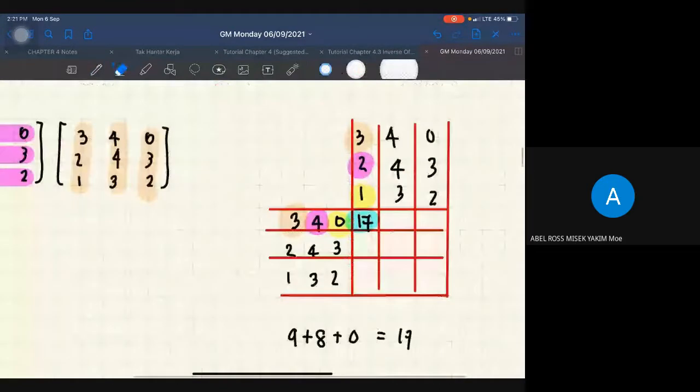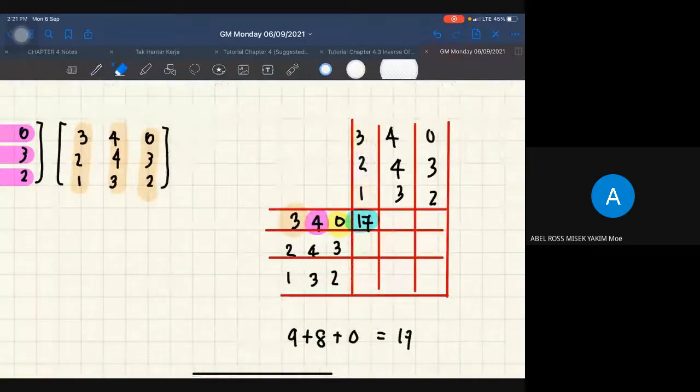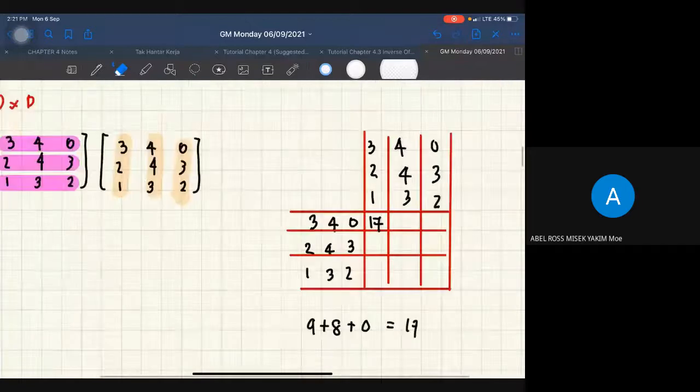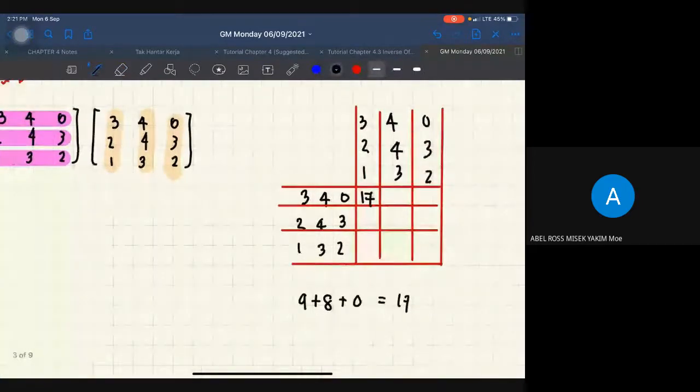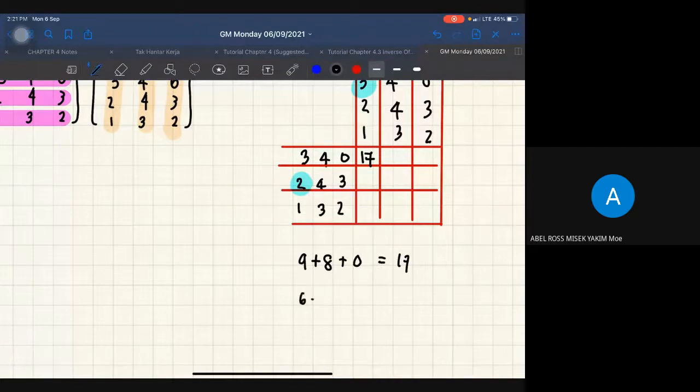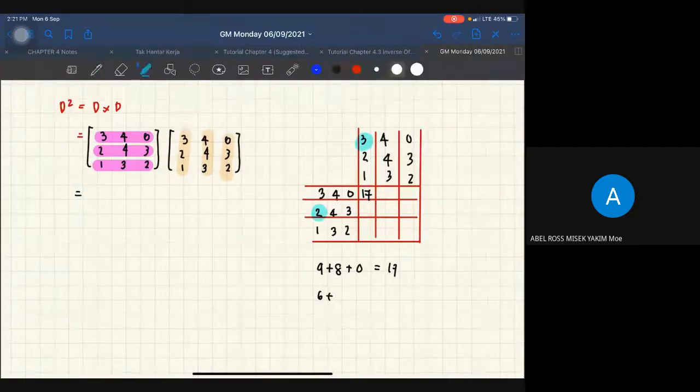Okay, so kita akan buat benda yang sama, the exact same method dekat semua rows and column kita, semua elemen kita. Okay, so kita teruskan untuk yang second one. So awak akan darabkan 2 dengan 3. So awak akan dapat 6. Okay, and then tambahkan dengan, darabkan pula 4 dengan 2. So you have over there is 8.